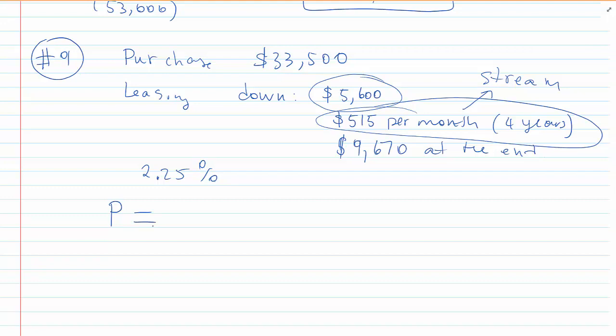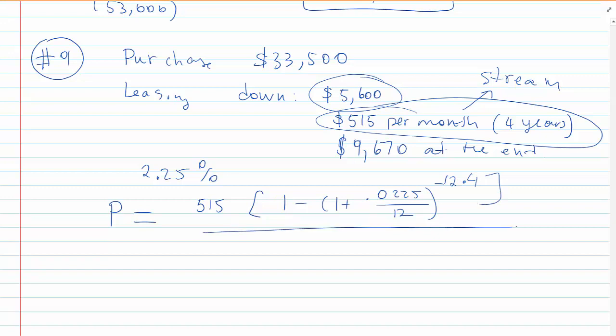All right, so present amount. So let's put it in. 515 is the R. Okay, and then we got 1 minus 1 plus, the rate is small, right? 0.0225. Divided into what? 12 monthly payments. And the power is negative 12 times what? How long? 4 years.